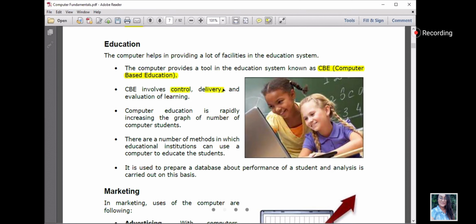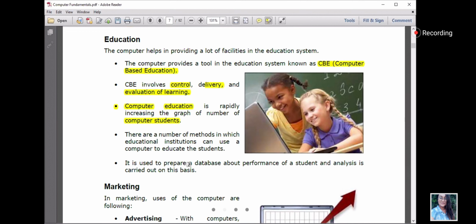Now CBE involves control, delivery and evaluation of learning. Computer students actually can do anything with a computer. We also prepare a database about the performance of students and carry out analysis on this basis.